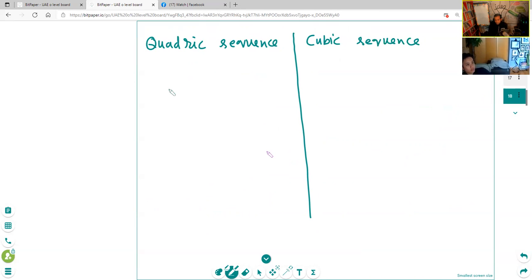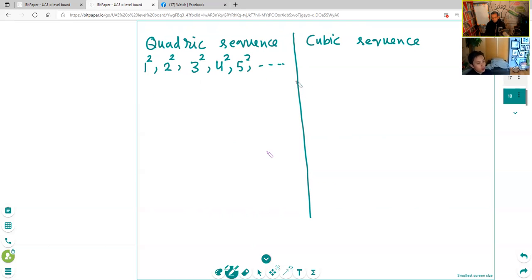First of all, you should tell me what is the general term of this sequence. These are cubic and quadratic sequences. What is the general term of this? Square numbers. First find the nth term of this sequence of squared numbers.